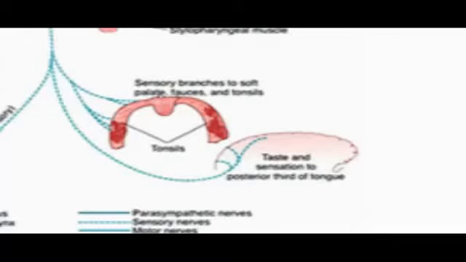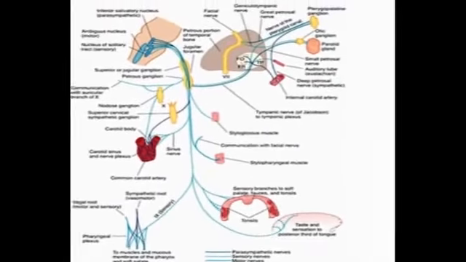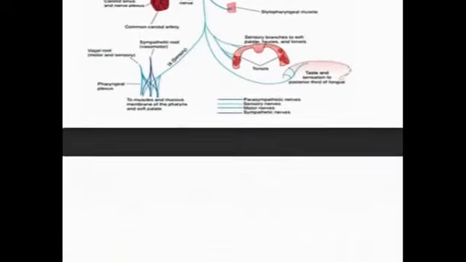I just wanted to show you how from these two nuclei come mostly the nerves of sensation. These two nuclei send sensory nerves to the uvula, the small tongue, and to the tonsils. The impulse comes from the two nuclei in the same direction to both of them. Okay, then next slide, please.